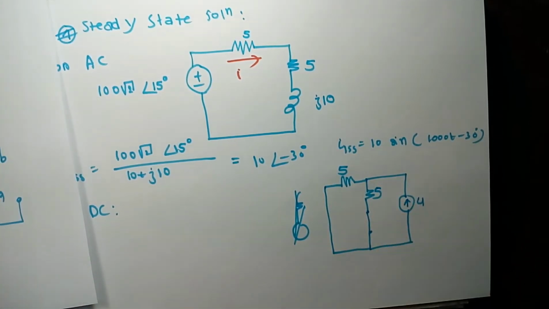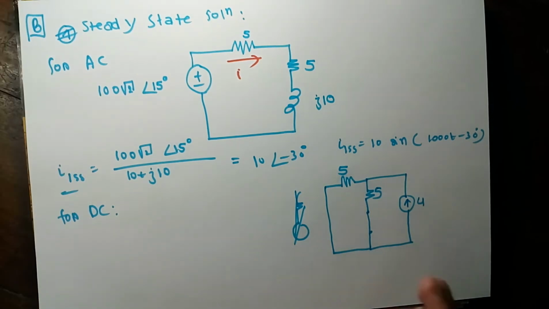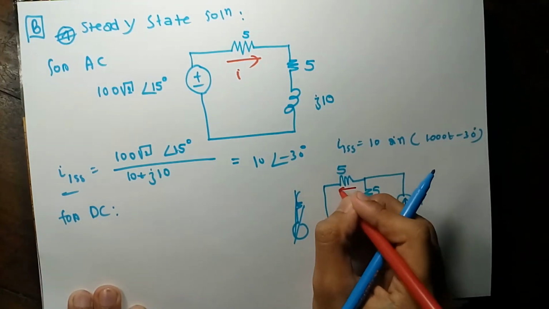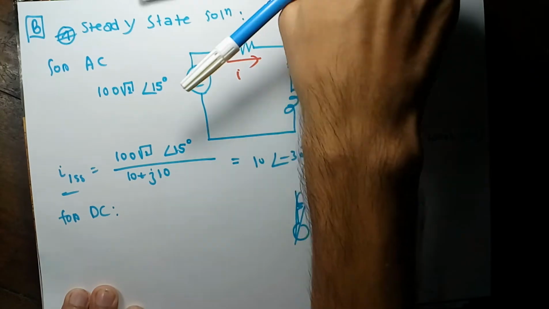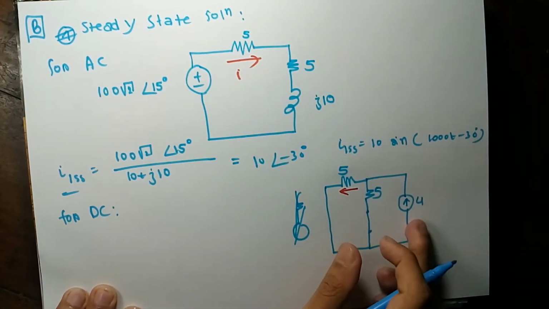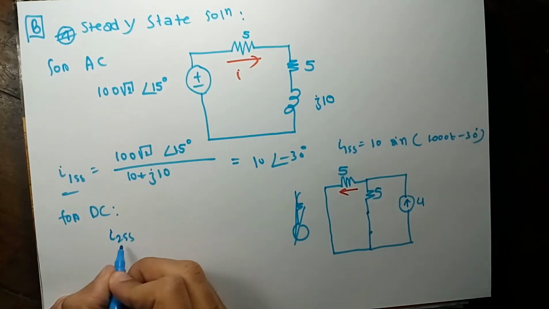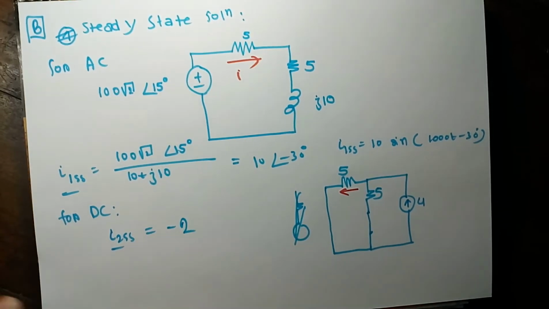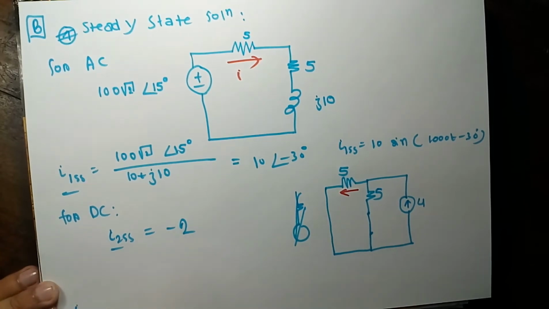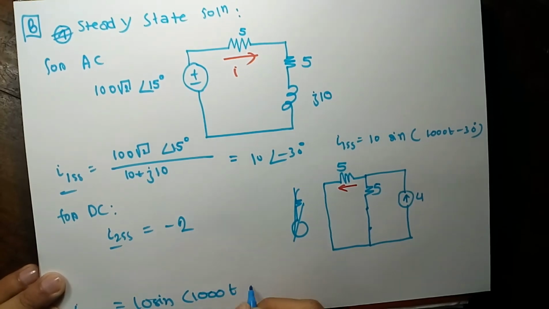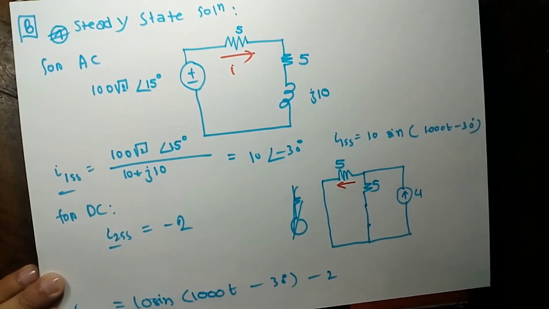Two equal resistances in parallel, so the current will be equally divided. The current that goes through the 5 ohm in this direction, which is the opposite direction, will be 4 divided by 2, so I2 steady state will be -2. So the total steady state solution will be 10 sine of 1000t minus 30 degrees, minus 2.